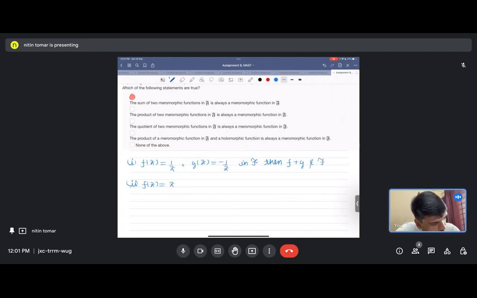Okay, we are taking omega to be D for all our cases, maybe. So product of two meromorphic functions in T, then we can take 1 by z and z.